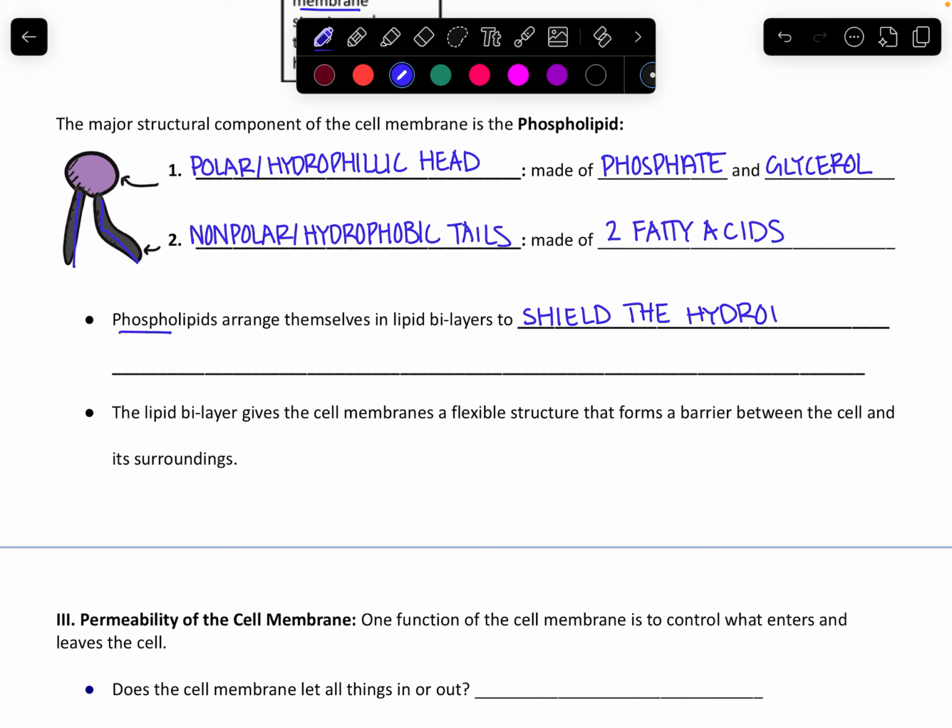So again, those hydrophobic tails, hydrophobic means water-fearing. They don't want to be near that watery solution, so they are shielding themselves from the water on either side of the cell. So again, that's the water in the cytoplasm or the water in the extracellular solution.